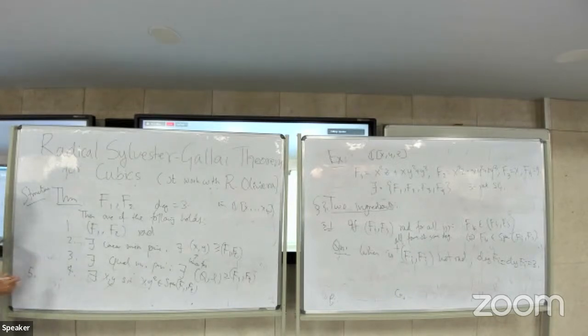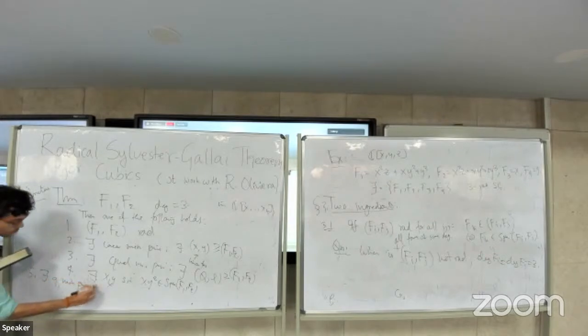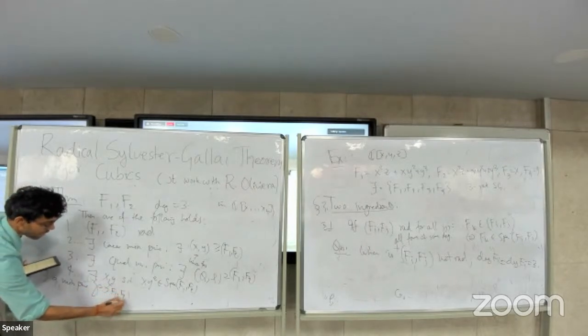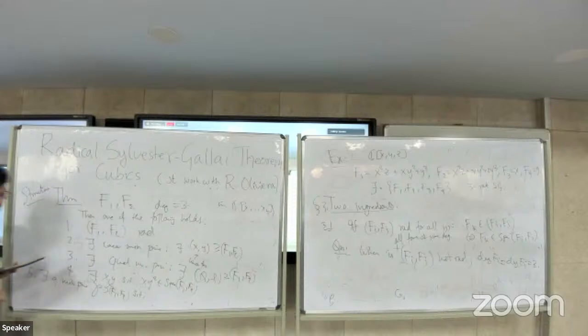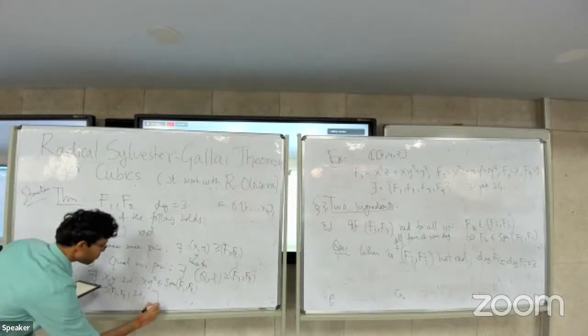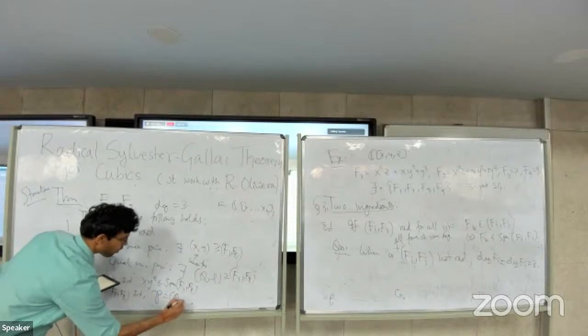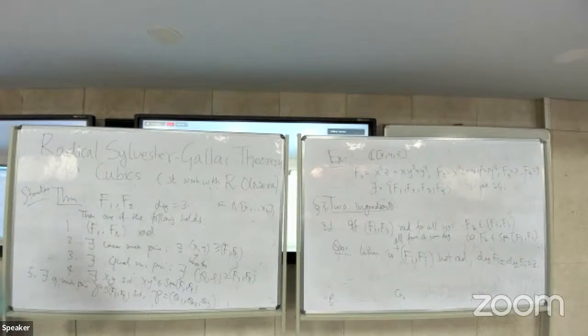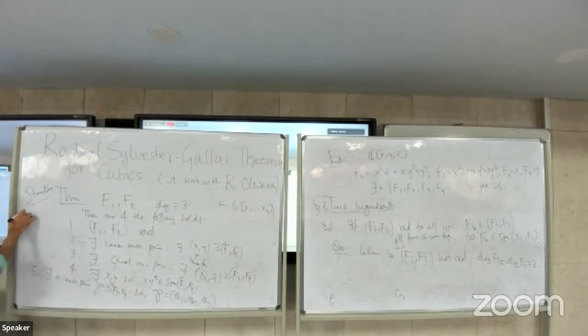So let me write it out. There exists a minimal prime P containing, so minimal prime over this ideal f1, f2, such that we know what P looks like. Generators are very simple, such that P is generated by 3 quadratic forms, Q1, Q2, Q3, okay? And let me say what these 3 forms are.